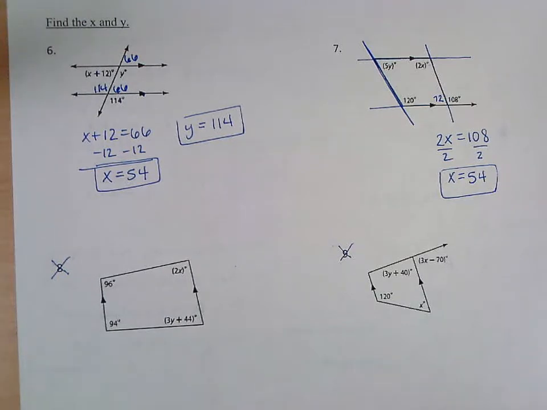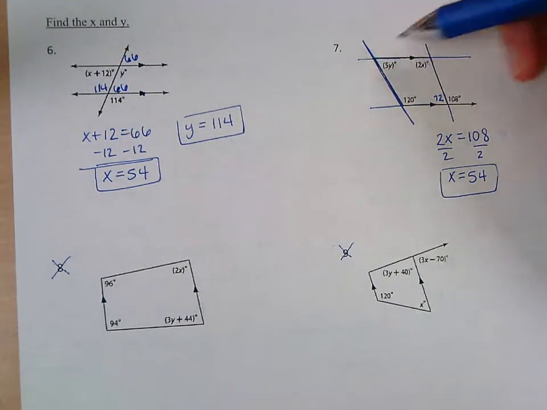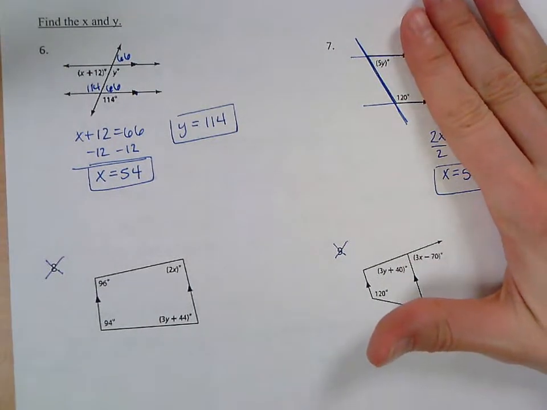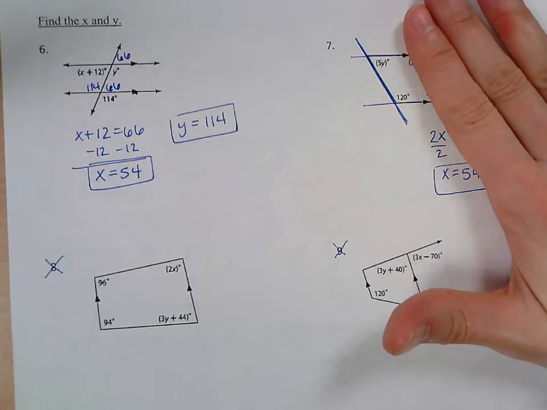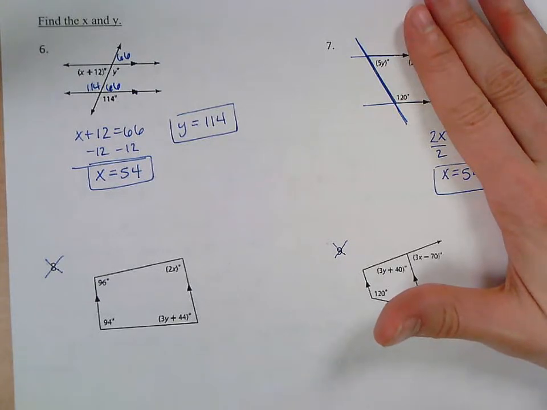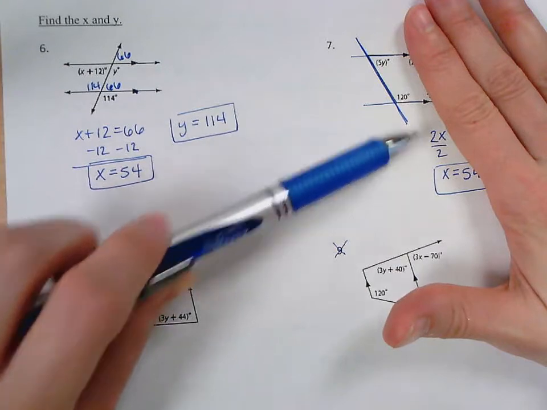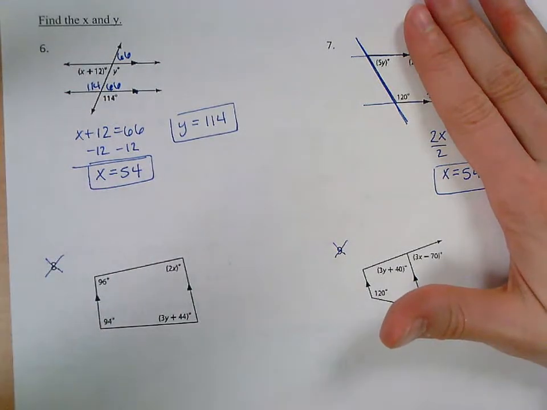So based on where y is, this is the transversal, so I can't really use this information to help me find y. I can only use these because of this transversal. Do you have an idea, Sage? Well, what I was going to say is, but can you take your hand away? Yep.